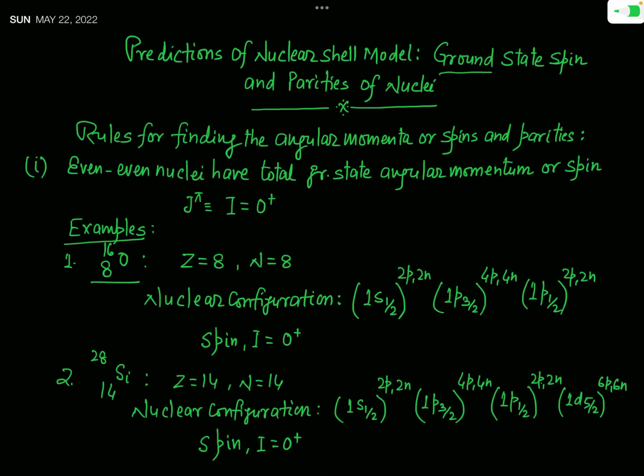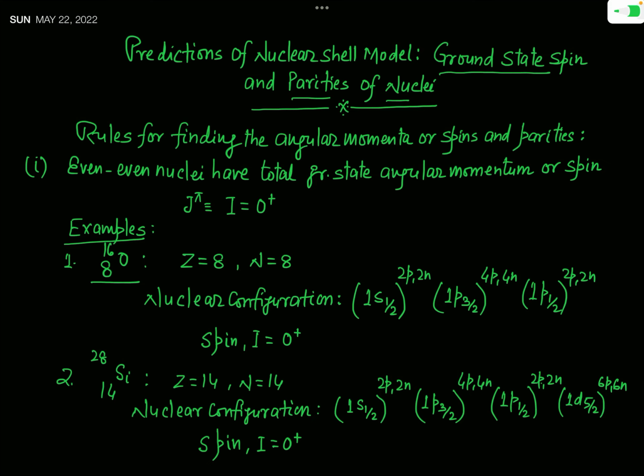Ground state spin and parity of the nuclei. When you say spin of a nucleus, that actually means the total angular momentum of the nucleons present in the nucleus. So spin of a nucleus means total angular momentum.